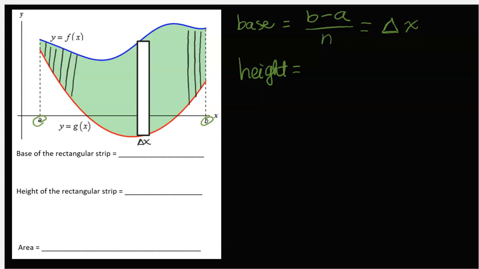So it would be the blue minus the red, so that would be f of x sub k, meaning this particular f of x sub k right there, minus this particular g of x sub k right there. That is the height of the rectangle.